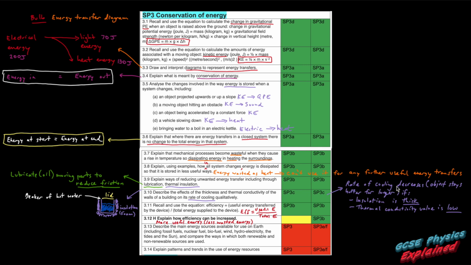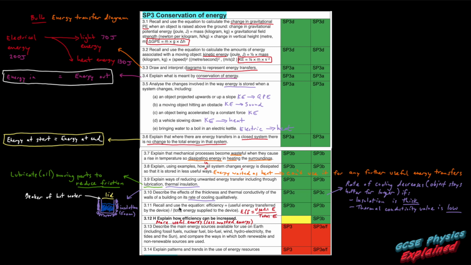The rate of cooling will decrease, the object stays hotter for longer, if you put some thick insulation around it and if the thermal conductivity value is low. So remember, if you're a good conductor, that means that you allow heat to pass through it. So if you've got a thermal conductivity value that's low, it means instead of 100 joules per second going through it, it might only be 10 joules. So it's obviously going to keep your object hotter for longer.